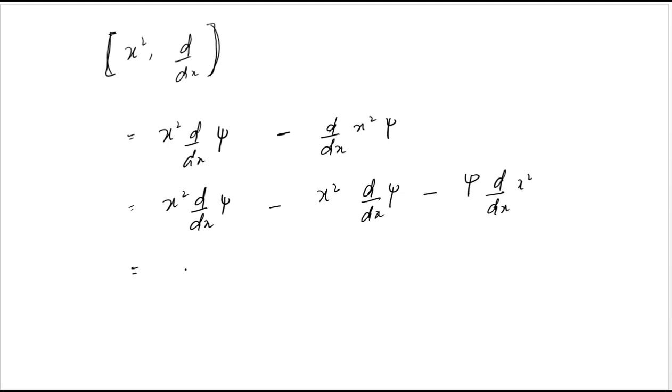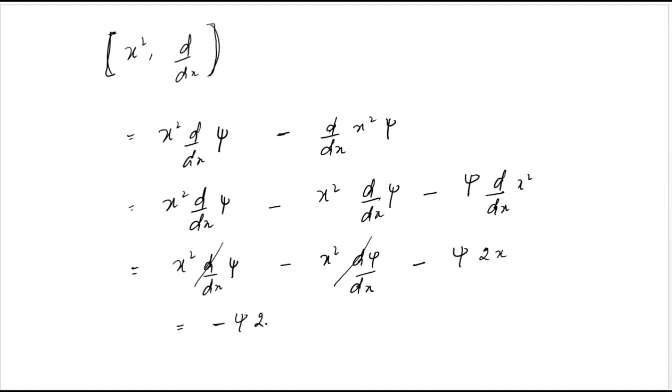So we get something like x square d by dx of xi minus x square dxi by dx minus xi times the differentiation of x square. You know that the differentiation of x square is 2x. So these two cancel, and what remains is minus xi times 2x. Taking the function out, we get minus 2x.